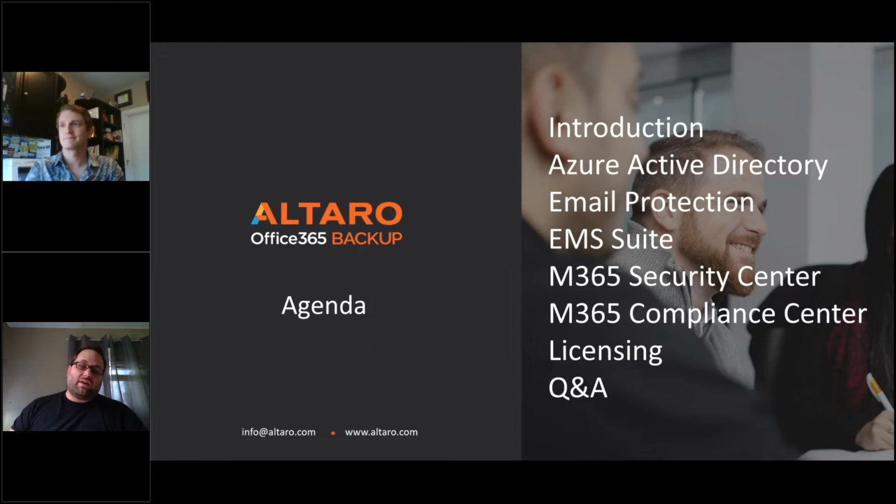With everything we've got on the list here, we're looking to do basically a large overview of everything that's contained as far as security in the Office 365 / Microsoft 365 platform. That's going to include things like Azure Active Directory, email protection, the EMS suites, Security Center, Compliance Center. We're going to talk about licensing at the end as well. And then we're going to leave some room for Q&A at the end of the webinar.